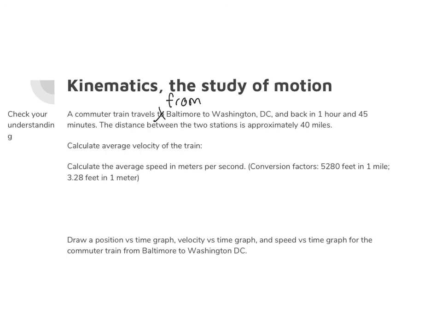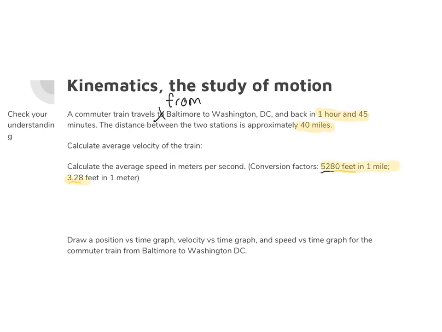Go ahead and calculate the average velocity of the train. Now, calculate the average speed in meters per second. So remember our conversion factors: 5,280 feet in 1 mile and 3.28 feet in 1 meter. So calculate average speed now using our quantities up here and our conversion factors here.